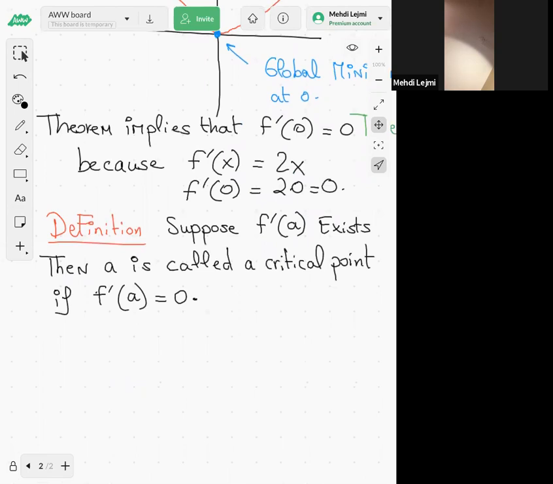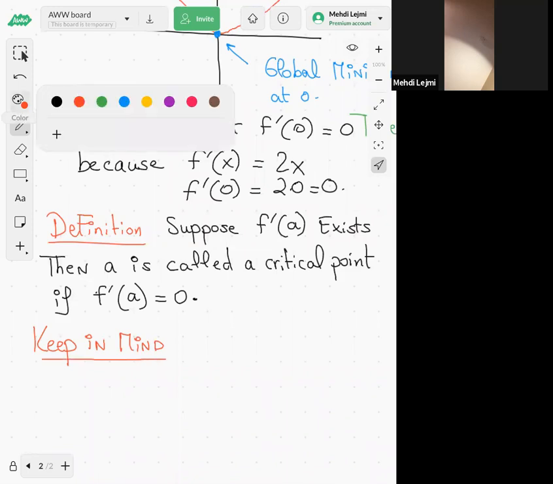And so what you have to keep in mind for the moment, guys, is that if you have a local maximum or local minimum, then a would be a critical point. Then the derivative is going to be equal to 0, right?